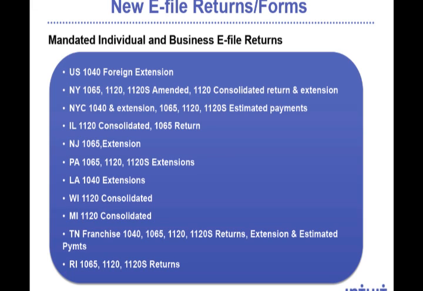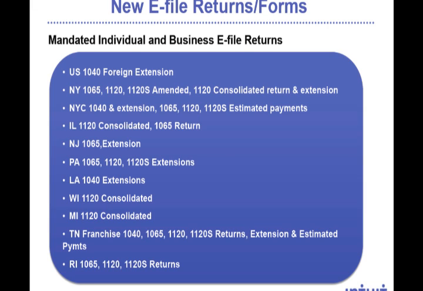So these items here are mandated for e-filing, things like the 1040 extension, New York, partnership, corp, and S corp amended, 1120 consolidated returns. You'll see the complete list here. So all of these are mandated, and these all have now been added as supported e-file forms in the Lacerte program.